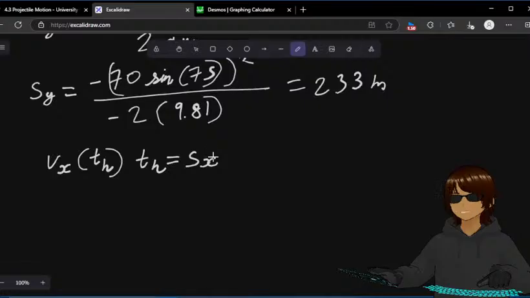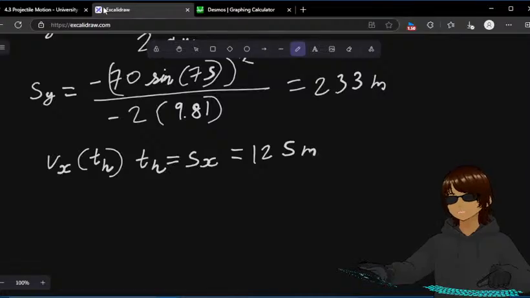So the displacement in the x direction is 125 meters.